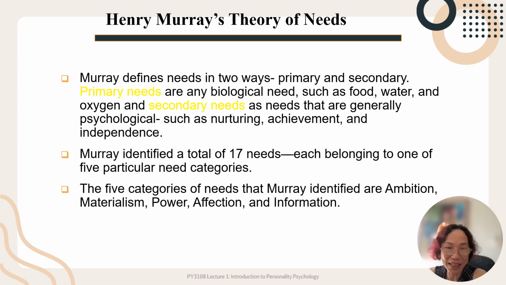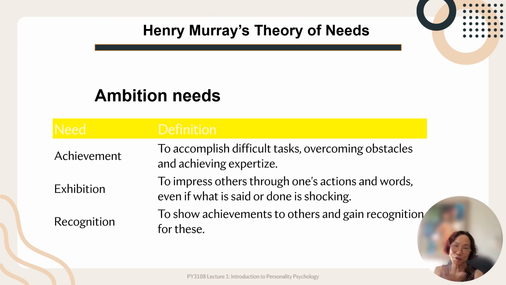And he identified a total of 17 needs, each belonging to one of the 5 popular needs categories. The 5 categories are ambition, materialism, power, affection, and information. For example, ambition needs include achievement, to accomplish difficult tasks, overcome barriers and achieve expertise, and also exhibition, to impress others.